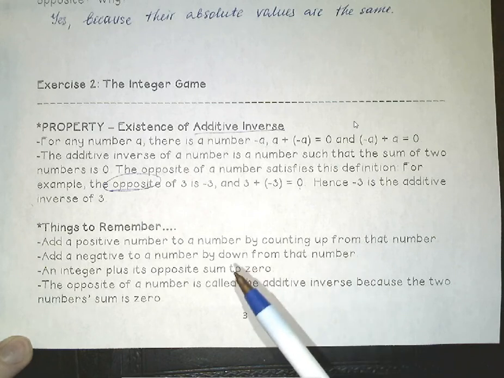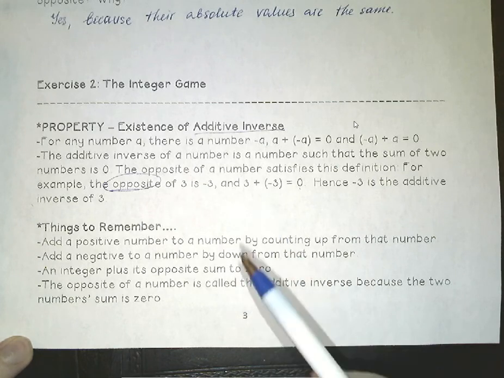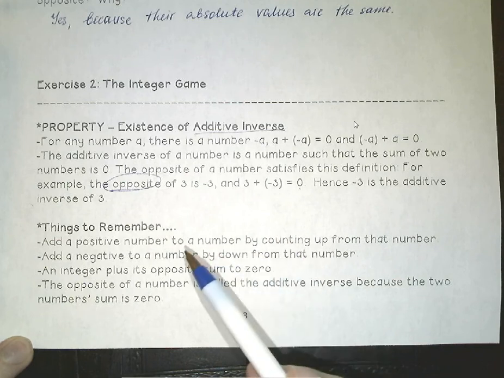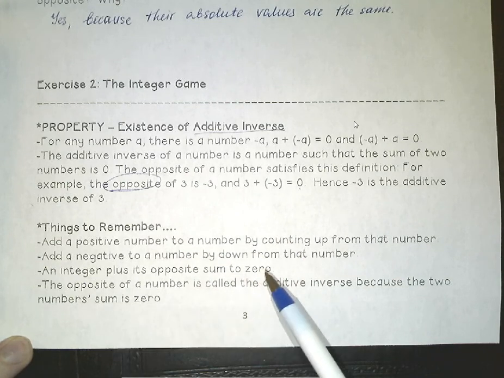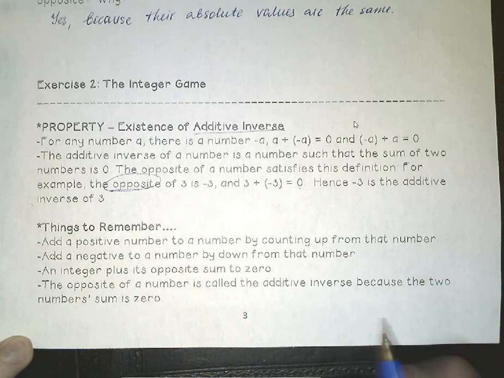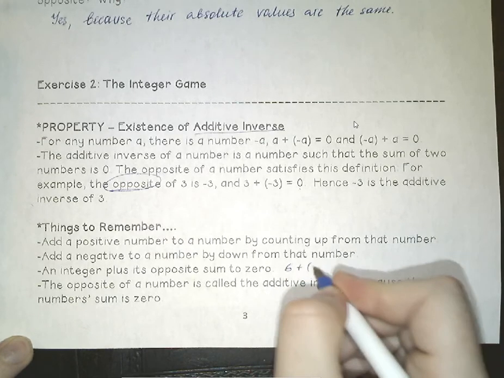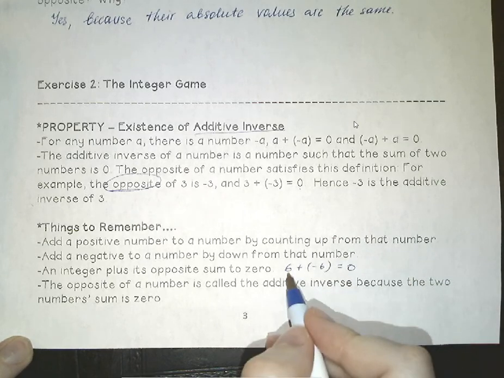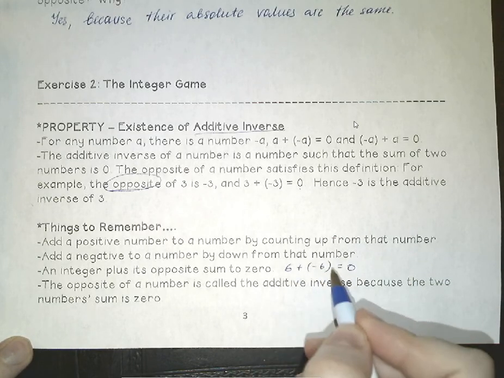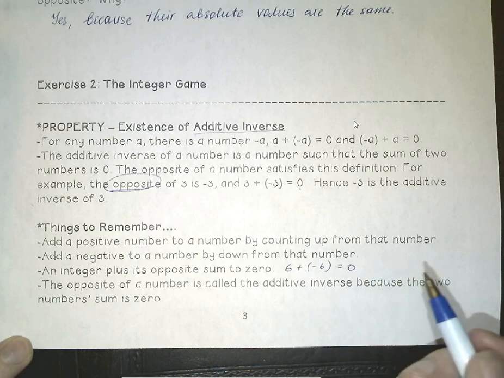If I add a negative number, I'll go down on the number line or to the left. An integer plus its opposite sums to 0. So if I have 6 and negative 6, that will equal 0. Add them together equals 0.